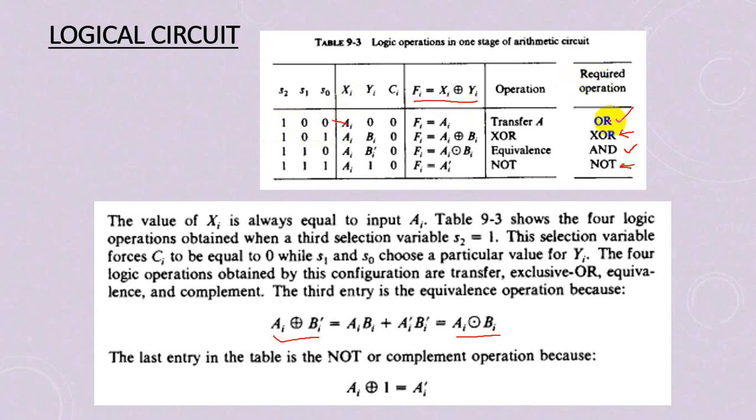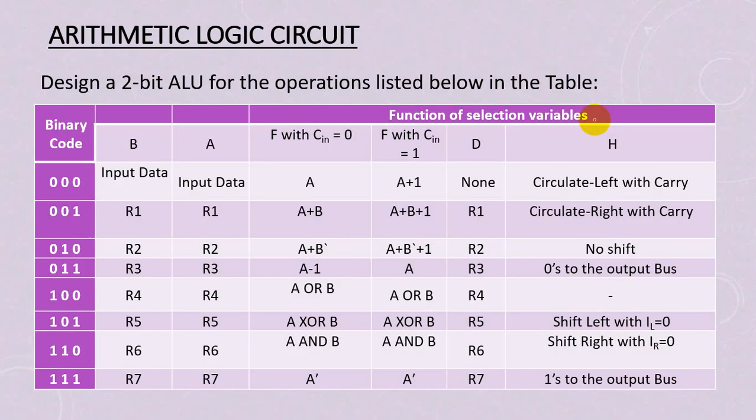Very simple trick. So when the selection pin is 1, 0, 0, our hardware will supply A or B instead of A. So X equal to the modification of A, it will be A or B. Then we will get the OR operation. Okay, clear?